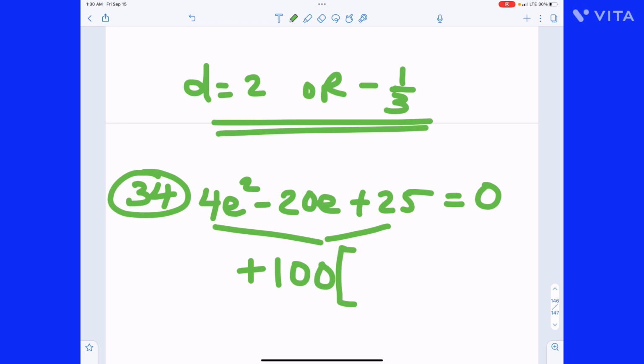So what numbers add to give minus 20 and multiply to give plus 100? I think that's minus 10 and minus 10.